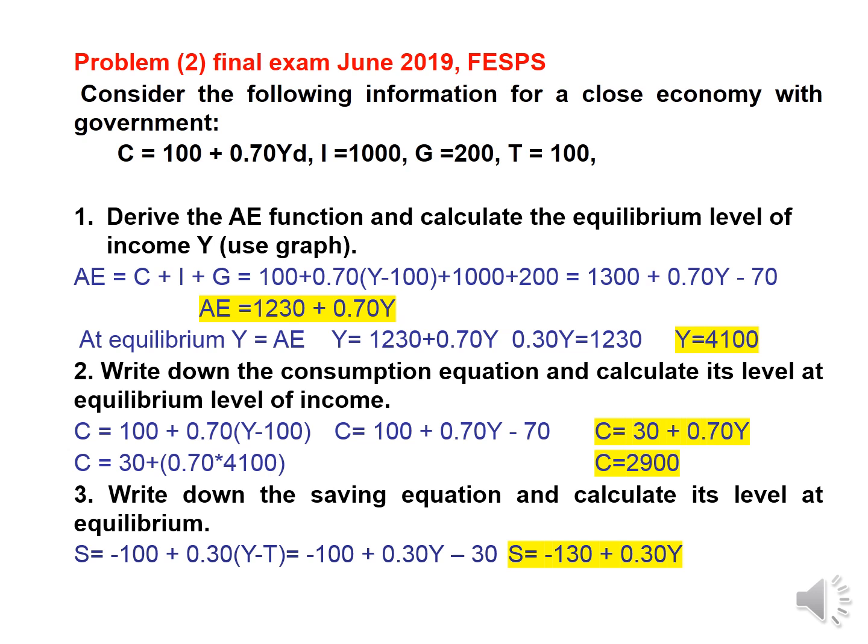We derive the saving function from it: negative 100 plus 1 minus 0.7, which is 0.3, times Yd. I replace Yd with Y minus T: negative 100 plus 0.3 times Y minus 0.3 times T. So saving equals negative 130 plus 0.30Y.